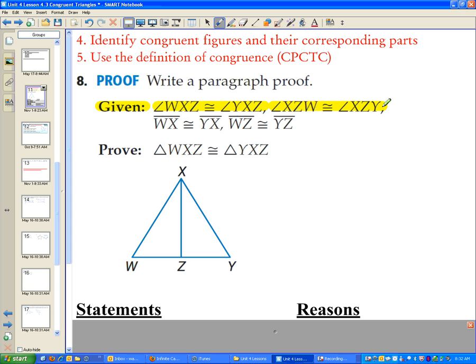Angle XZW is congruent to angle XZY. Segment WX is congruent to segment YX. And segment WZ is congruent to segment YZ. And I'll give you a minute to finish writing all that down.